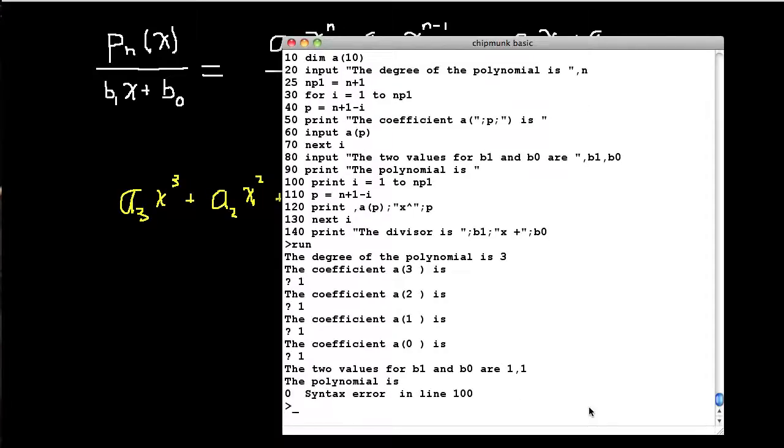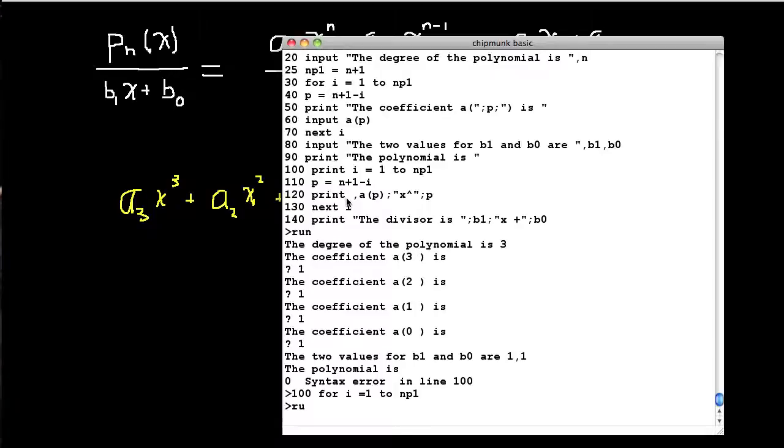The polynomial is... syntax error in line 100. Line 100, ah, I said print. I meant that to be a 4. That's what the mistake is. 100, 4, I equals 1, 2, np1.